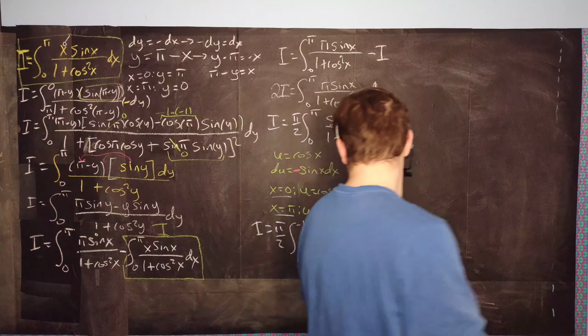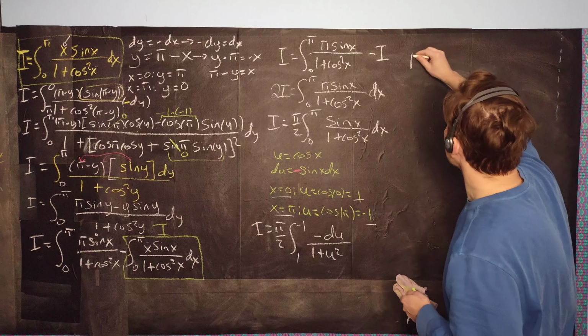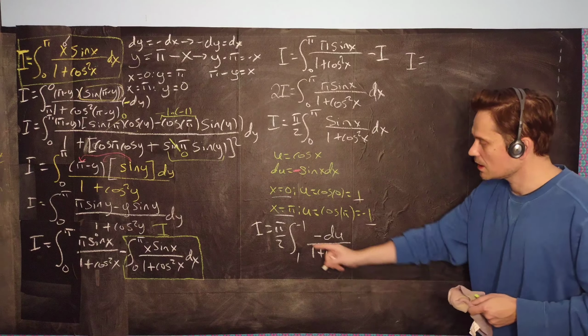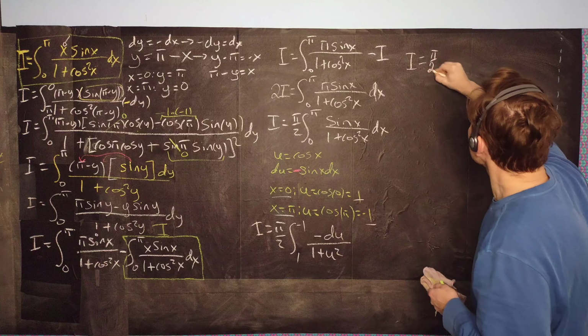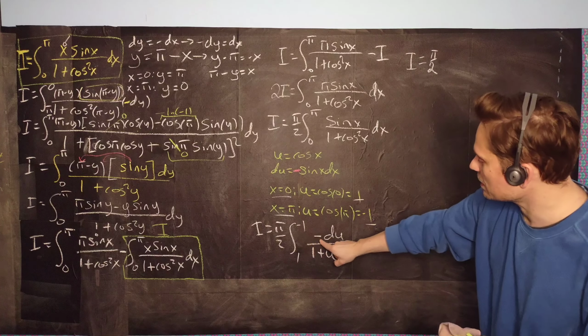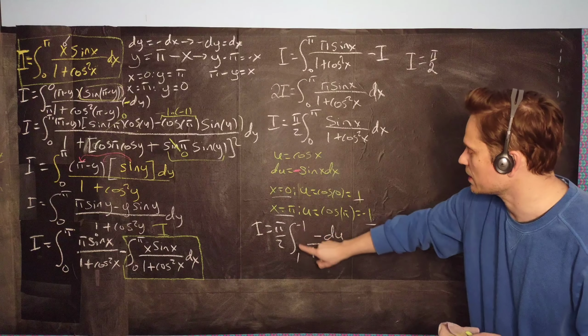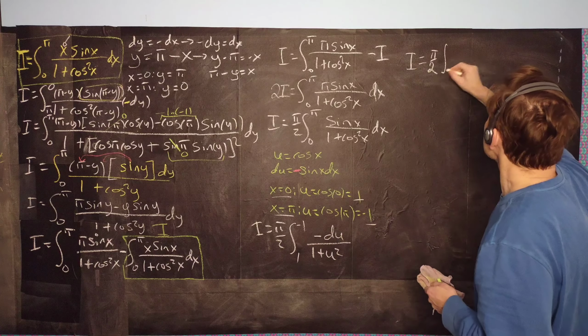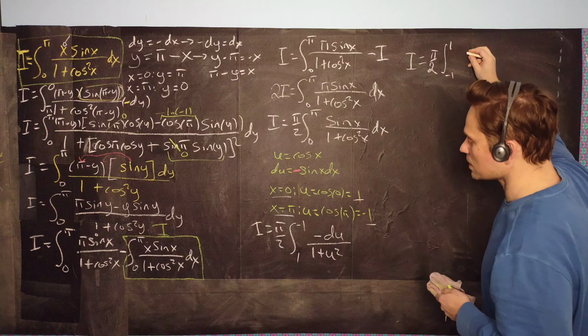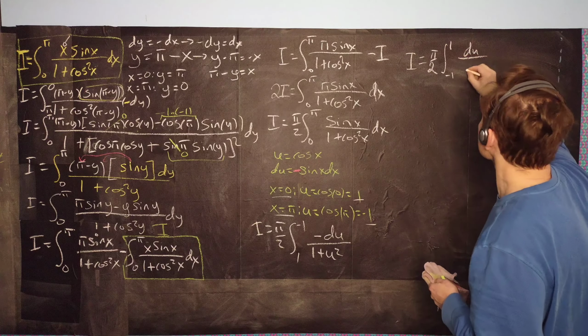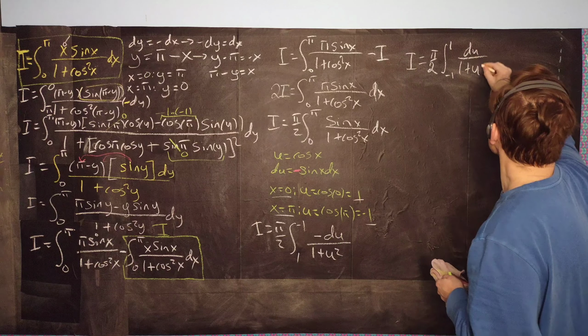So let's continue over here on this board. All right, we're going to have I is equal to pi over 2. And then let's see, flip these, but then that's going to get rid of the negative for us when you flip these limits, so they are a bit more natural from negative to positive. So you're going to have negative 1 to positive 1 of du over 1 plus u squared.